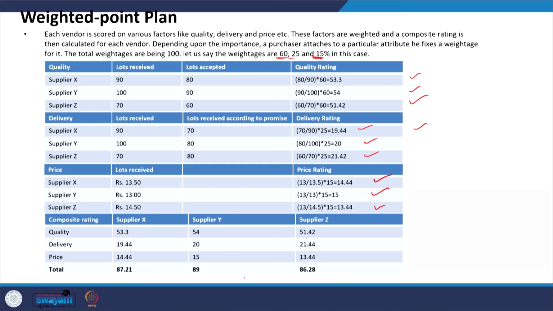So this gives me a clear idea in terms of the weightage attached, and after the rating is done, the lowest-rated supplier is the third one, which is Z. This is a very helpful method because it helps you understand how to evaluate your supplier.